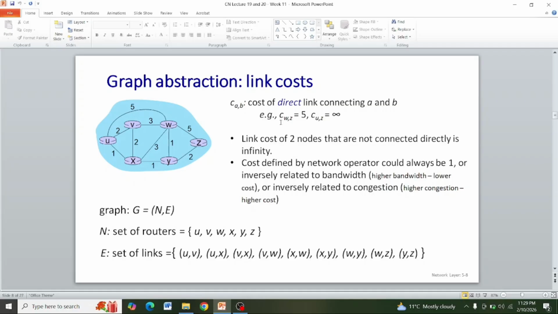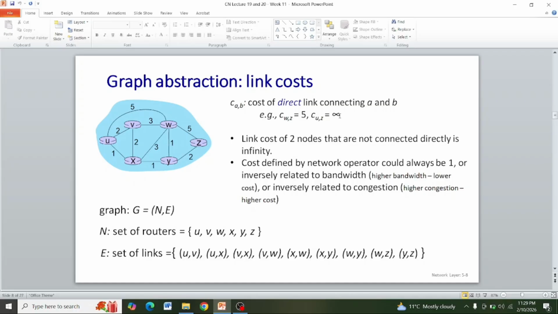Here we can see there is some cost associated between these nodes, and this cost is the direct link cost. For example, c(W, Z) defines the cost of moving from W to Z. That is, in this case, as I am moving the cursor here, this link has the cost of 5. However, in case of U and Z, we see the cost is infinity.